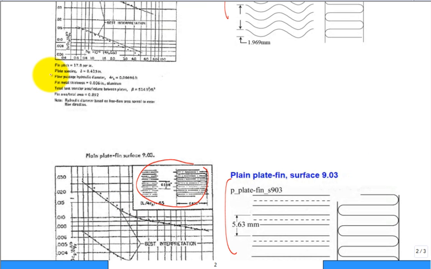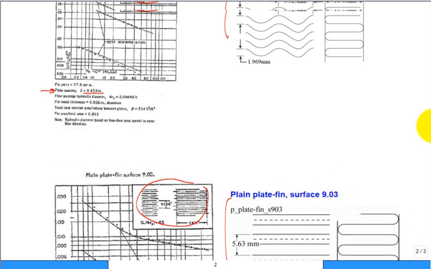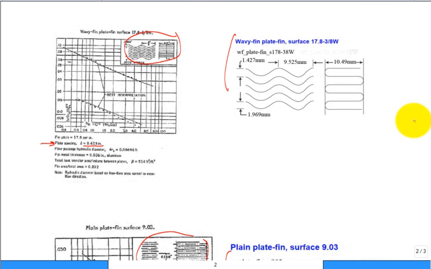So the plate spacing is this, 0.0413 inch for the wavy. And if I come up here, what are they showing me? Is this the plate spacing on that side view? Is that the B?